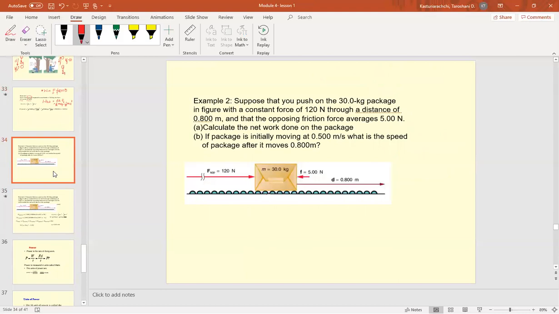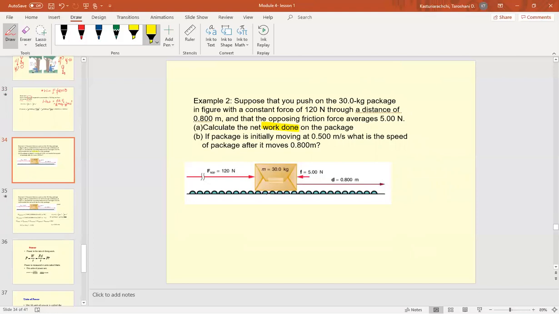And this is a very similar example to what we did earlier. What is it asking? 30 kilogram, and you push it with 120 newtons through a distance. Frictional force of 5. Calculate the net work done. I've shown you this one.